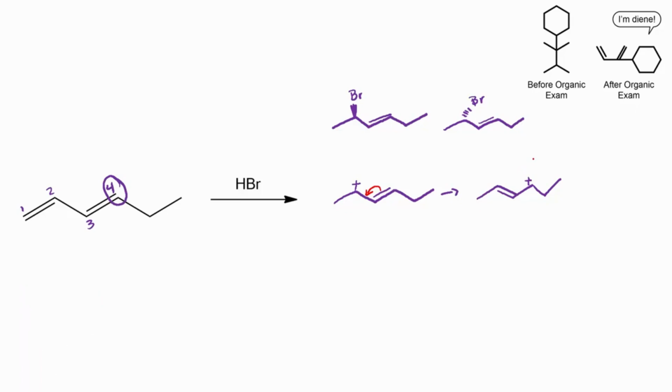We'll add here in order to form the 1,4 product. Now again though, we can bring bromine from the front, or we can bring bromine from the rear. Now we can also form the cis products, but because it is more stable to form the trans products, our major products will be in trans form.